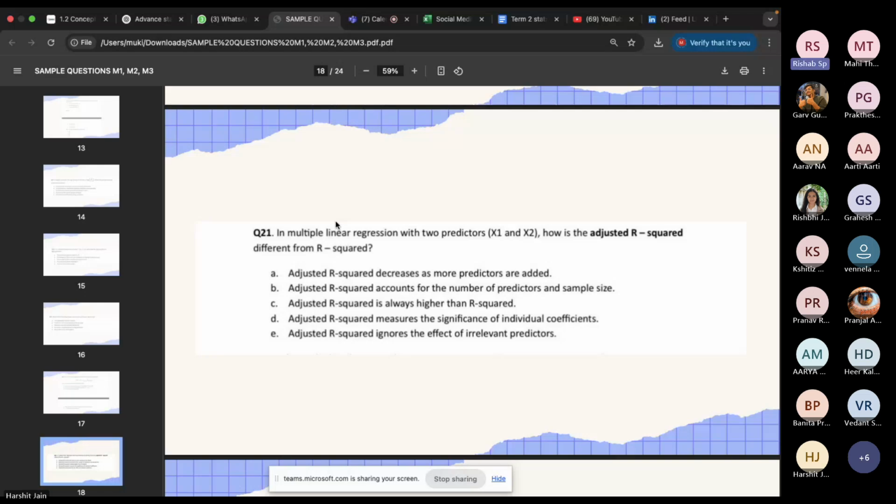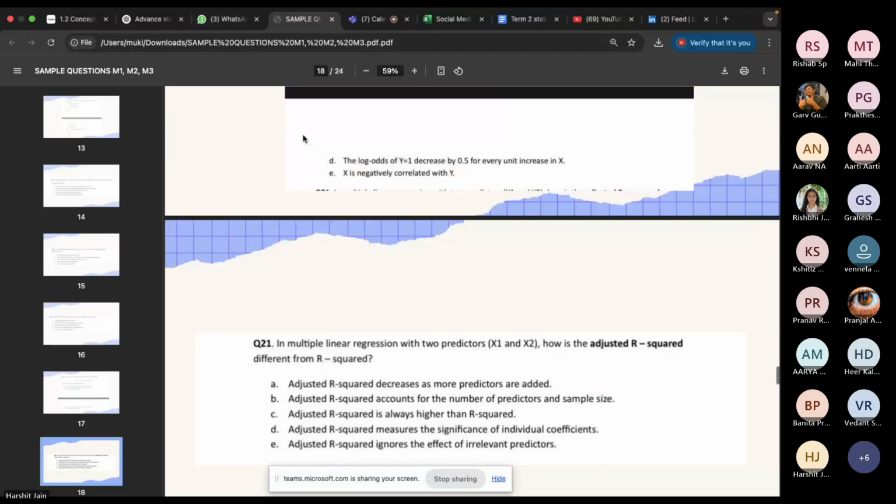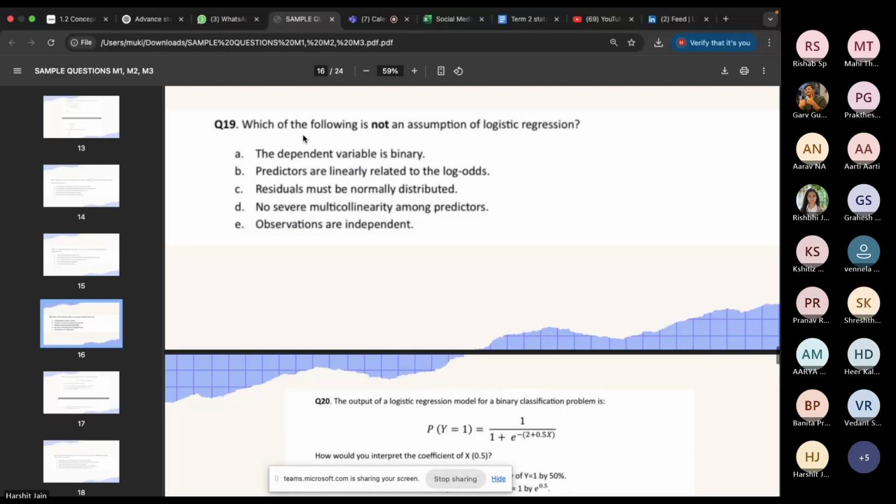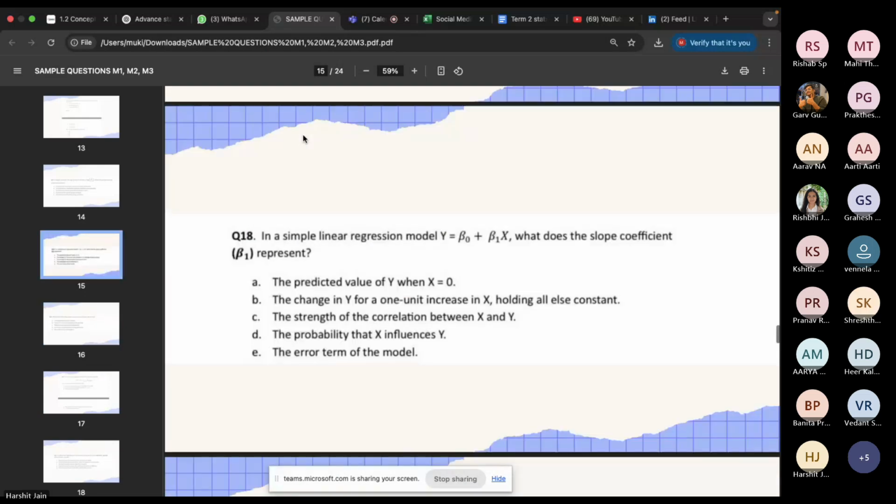Harshit, question 18, please. Okay. In a simple linear regression model, what does the slope coefficient beta 1 represent? Yeah, correct. See, beta 1 is the coefficient.